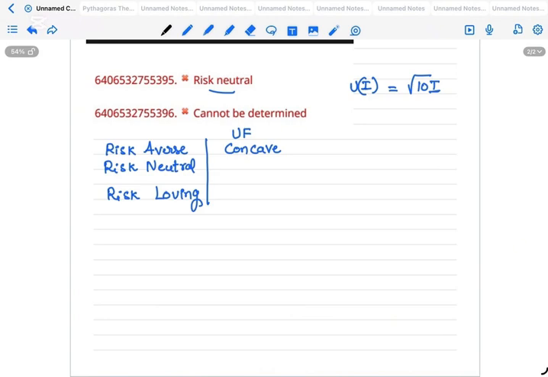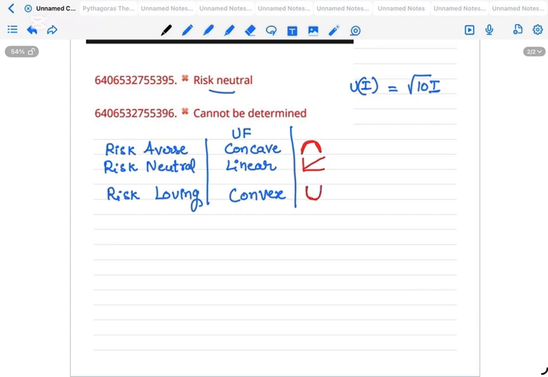If risk-neutral, the utility function is a linear function. Risk-loving, it is convex. So concave is like this, linear function like this, convex is like this.